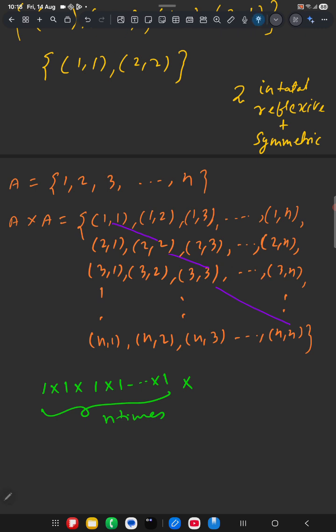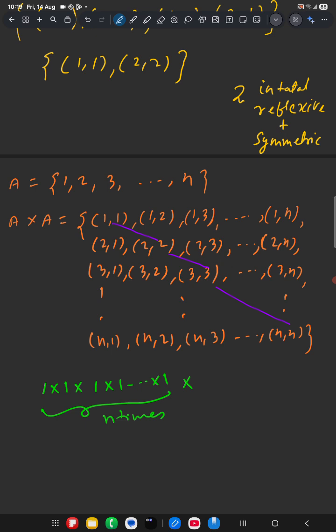Now you have to deal with the elements above the diagonal and below the diagonal. You already know that these elements come in pairs, which will give you a symmetric relation. All the elements have just the reverse of them present, so we will consider these two elements as a single entity. The diagonal elements are n, and if you put together the above-diagonal and below-diagonal elements, you will get n square minus n elements.